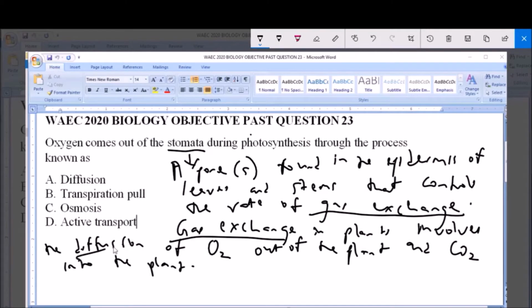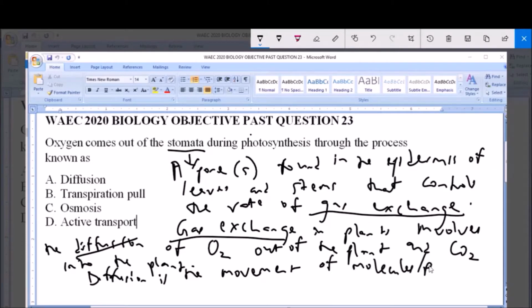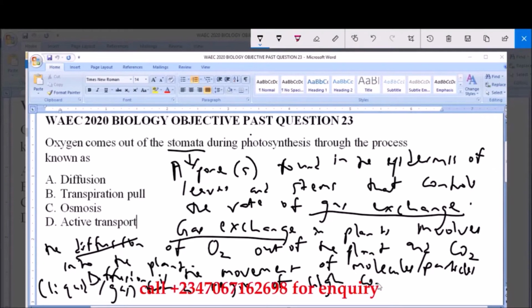Now diffusion is the movement of molecules or particles, which are usually liquid or gas, from a region of high concentration to a region of low concentration.